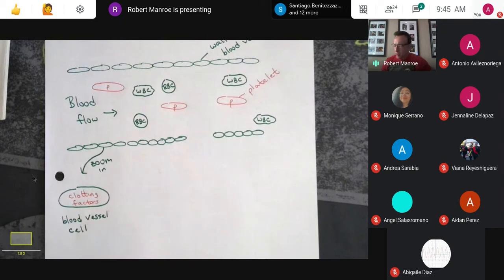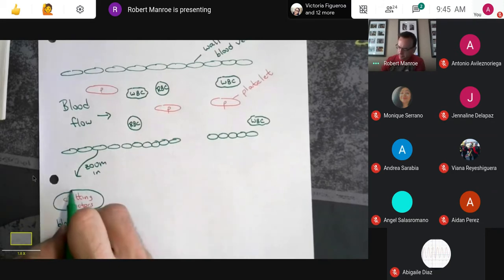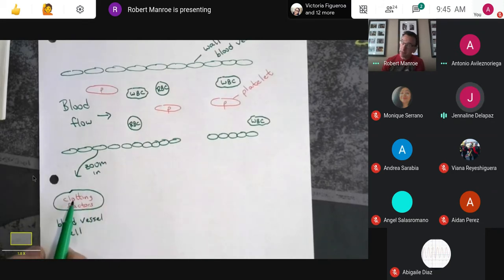And guess what? What do you think these clotting factors cause your blood to do? Not flow properly. Right. It actually causes it to clot.